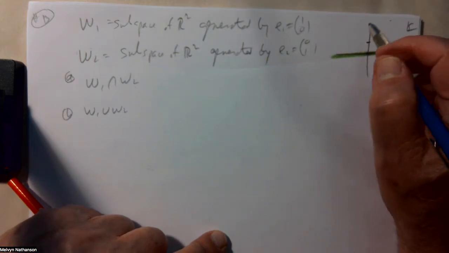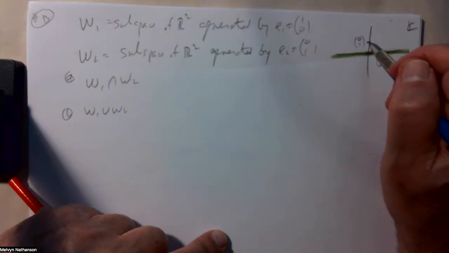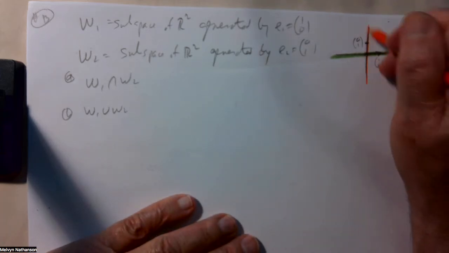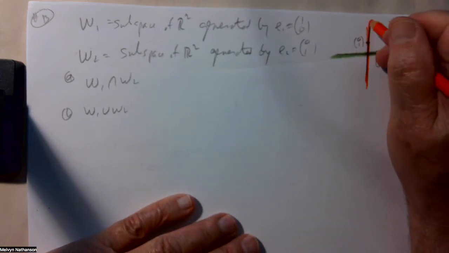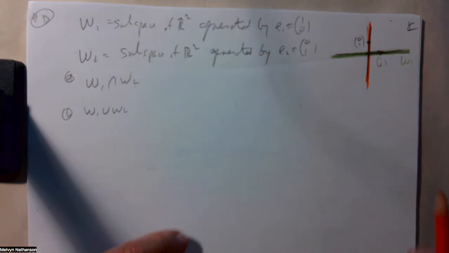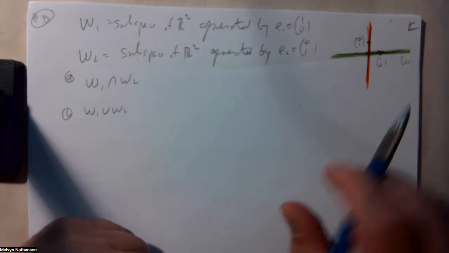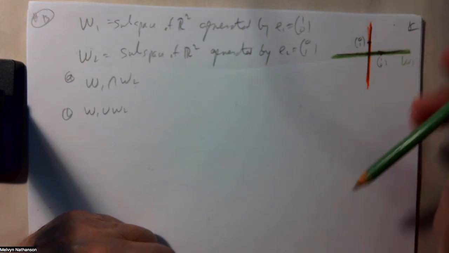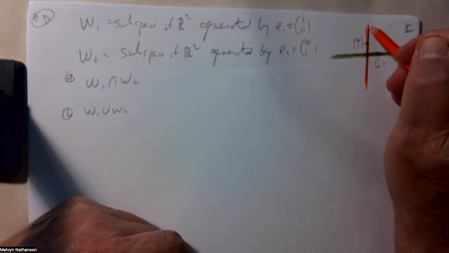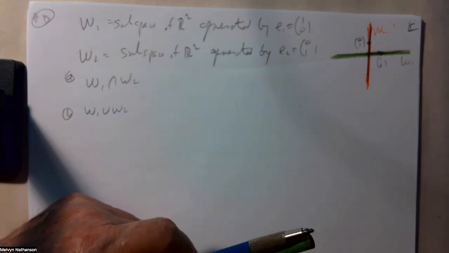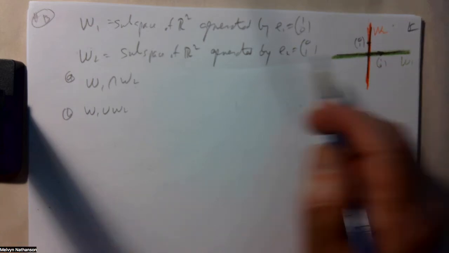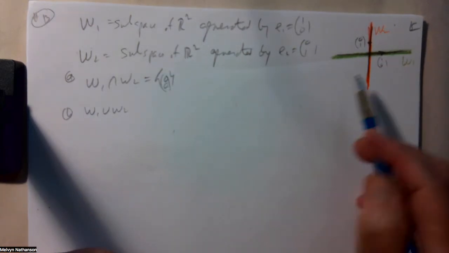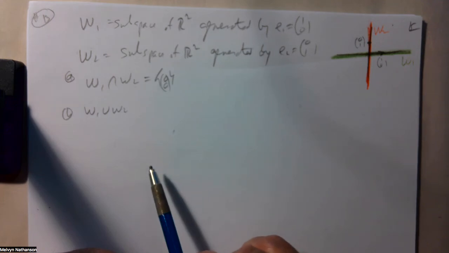The vector (0, 1) is that vector. And if you look at all scalar multiples of that, you get this second line through the origin, the y-axis. So W1 is the green line, the x-axis. W2 is the orange line, the y-axis. The only point of intersection is the origin, or coordinates (0, 0). That's what W1 intersect W2 is.